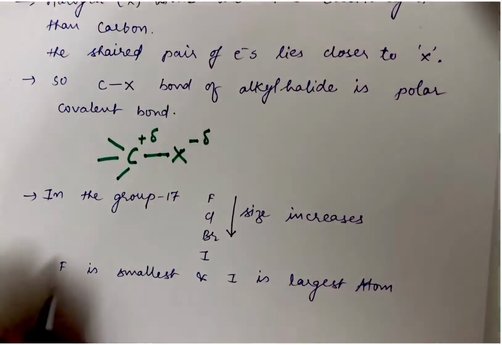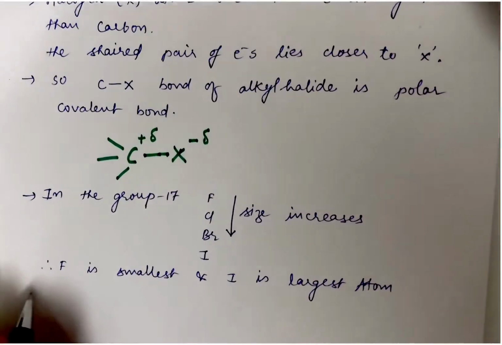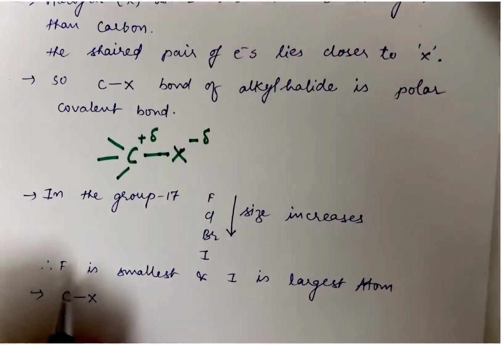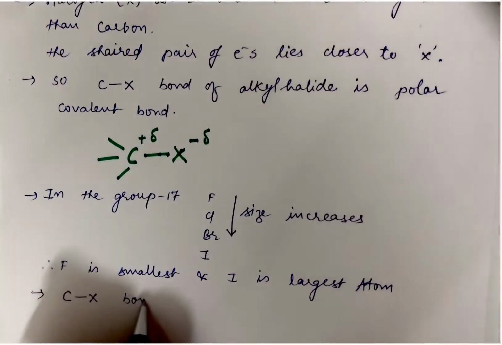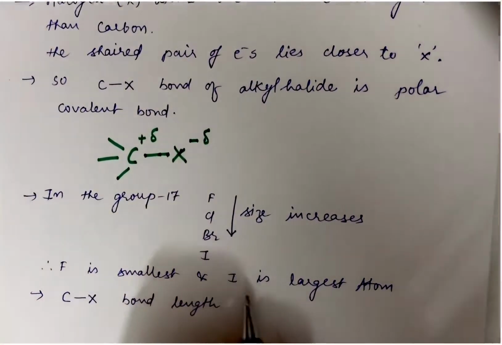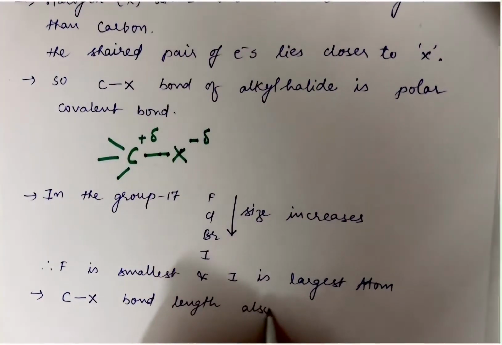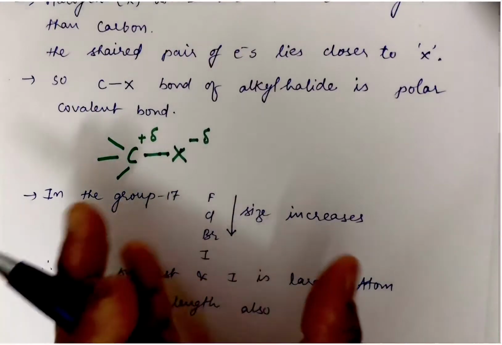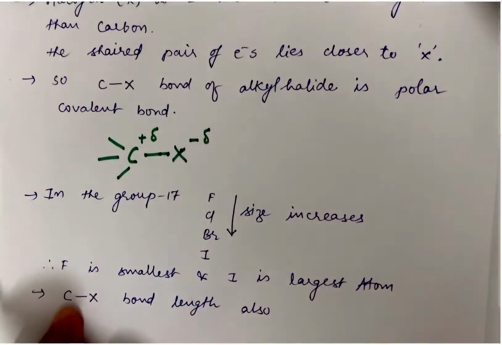Okay, now keeping this in mind, you can say that this particular CX bond in the alkyl halides, in terms of its bond length, also obviously it will increase. When you are moving down the group, size keeps on increasing, so this is increasing, right?